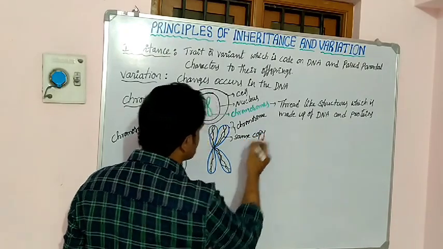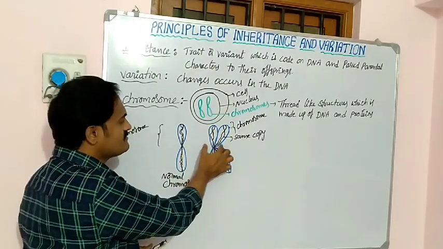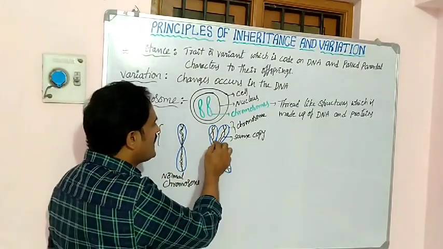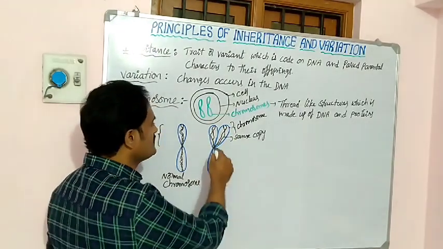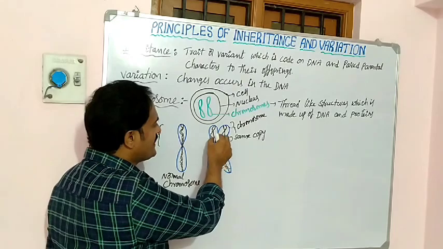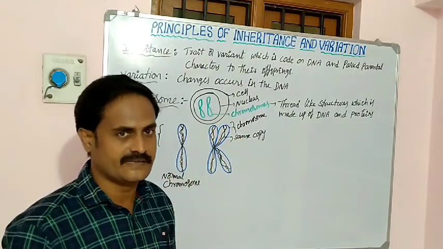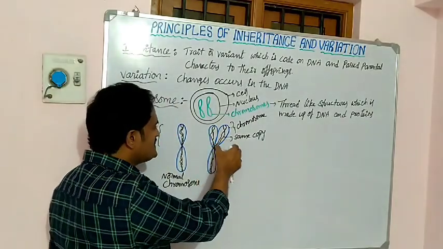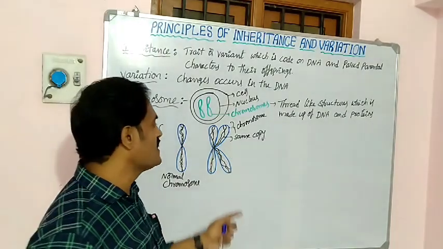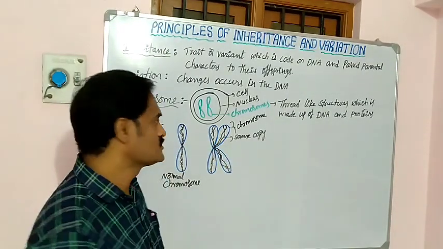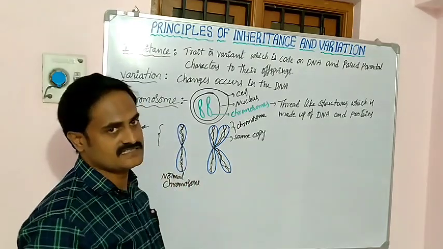The DNA replication starts, then one DNA forms the exact copy of the other DNA. These kinds of chromosomes are properly seen in metaphase.